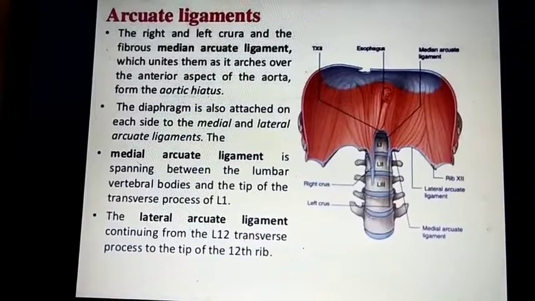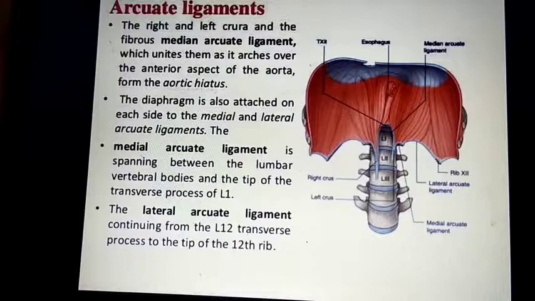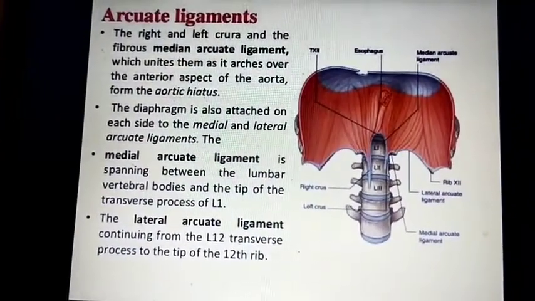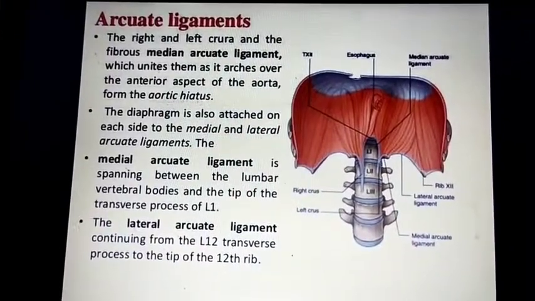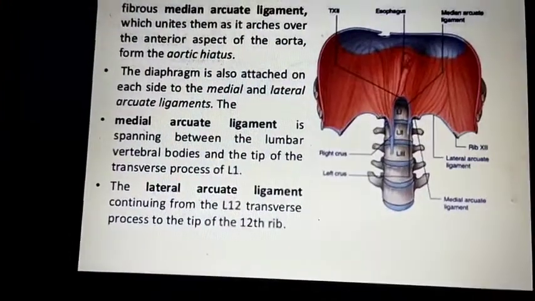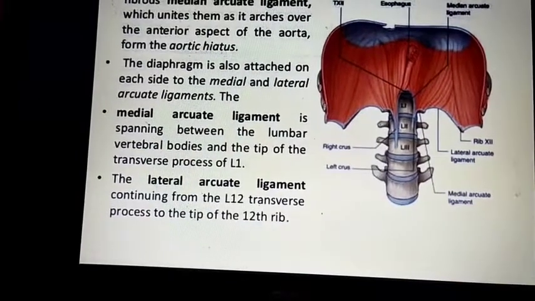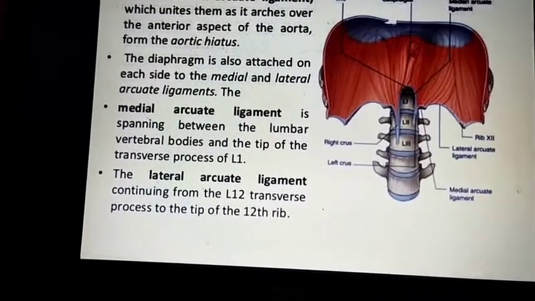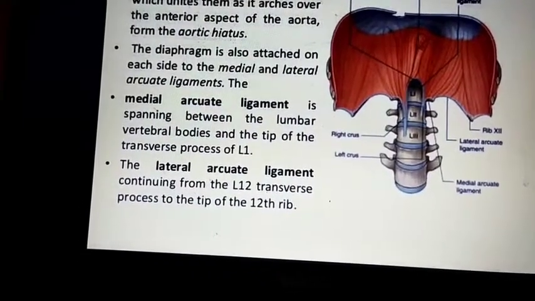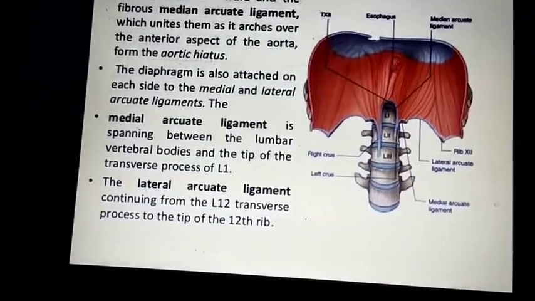The diaphragm is also attached to each side by the medial and lateral arcuate ligaments. The medial arcuate ligament is spanning between the lumbar vertebral bodies and the tip of the transverse processes. And the lateral arcuate ligament continues from the L1 to L2 transverse process tip to the tip of the 12th rib. The 12th rib is a floating rib.